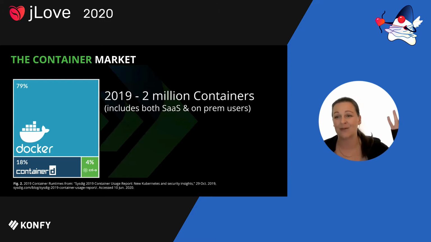Obviously, you can see where this is going. Docker is still holding relatively strong at 79%. Notice that 18% is Containerd, but Containerd is actually a runtime that Docker is built on top of. The last 4% is CRI-O, another one that became popular.